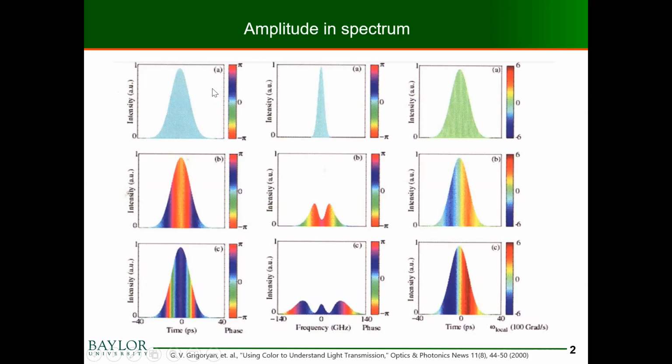The first row is the original, so there is no phase variation. But once it propagates some distance, this is the time domain, this is the spectral domain, right? Don't look at the third column yet. In the time domain, the nonlinear effect doesn't change the shape.